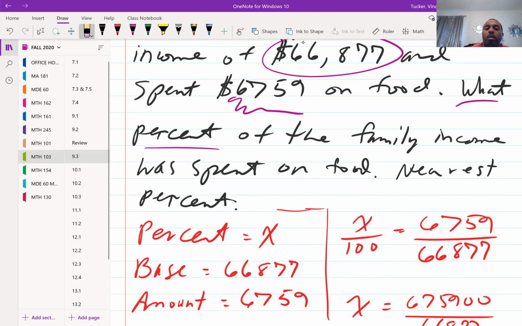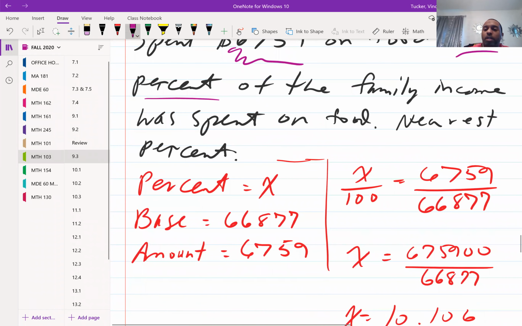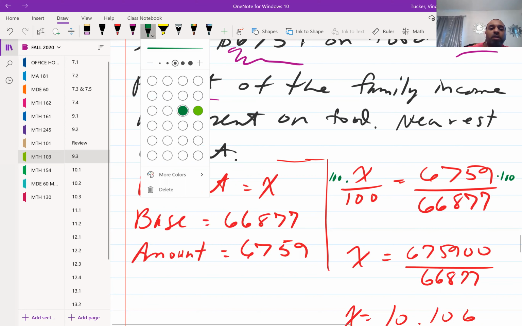I decided to set this one up as a proportion: X over 100 equal to 6759 over 66,877. We can go ahead and solve. You can either cross multiply, or if you just want to multiply both sides by 100, that'll work as well.